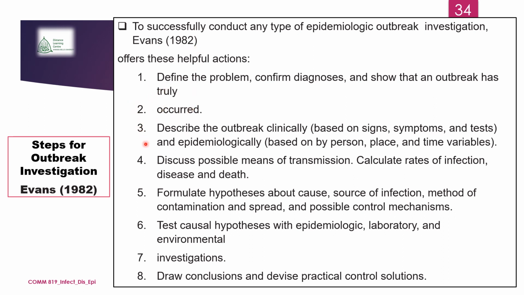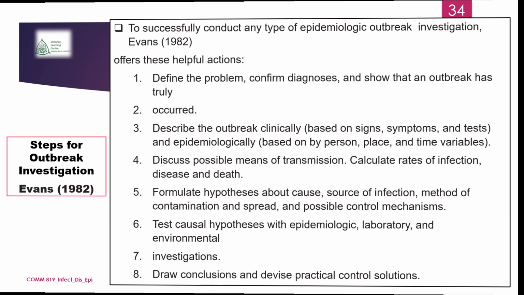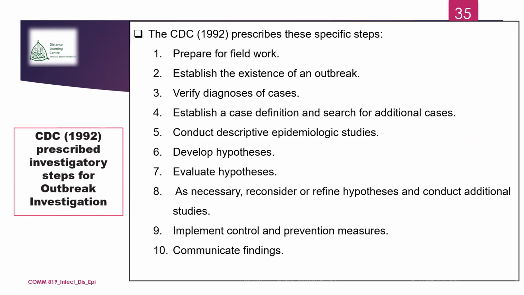So let's look at the other steps as recommended by the Centers for Disease Control, CDC. The CDC in 1992 prescribed some investigatory steps for outbreak investigation. According to their prescription, one, you need to prepare for field work.